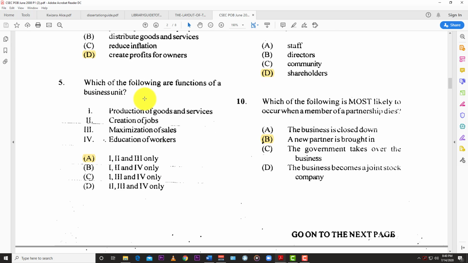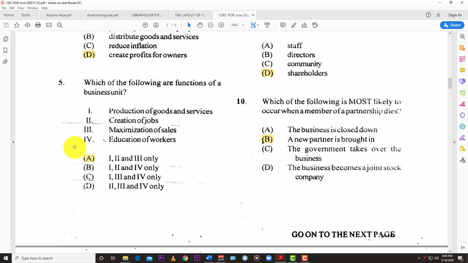Number 5, which of the following are functions of a business unit? And so you have some options here: 1, production of goods and services, 2, creation of jobs, 3, maximization of sales, and 4, education of workers. Now the question asks which of the following are functions, and so the best answer here, I would say, would have been all of the above, but there are no options for all of the above.